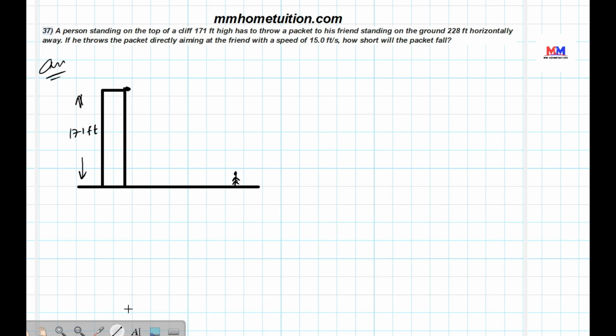The person standing on the cliff 171 feet high has to throw a packet to his friend on the ground at a distance of 228 feet horizontally. So this distance is 228 feet horizontally away. So directly aiming on the person.